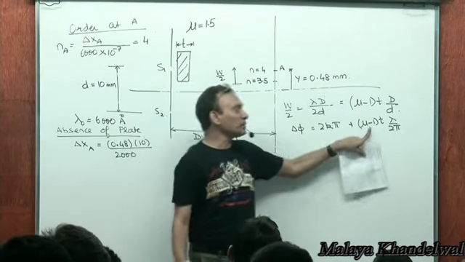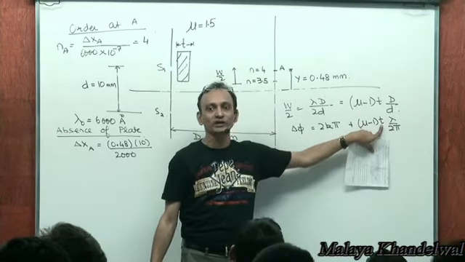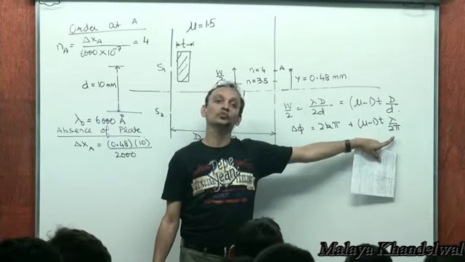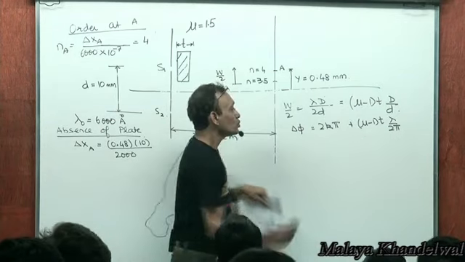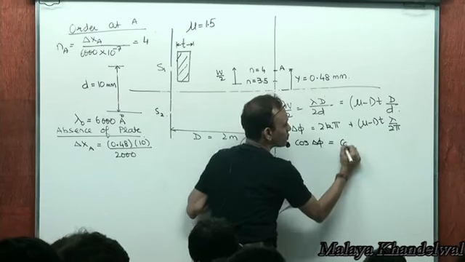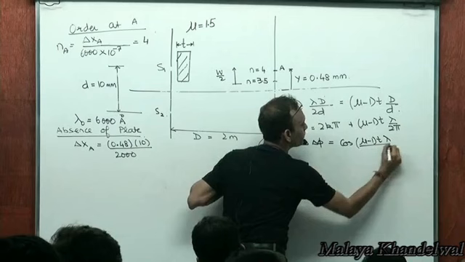Now after the plates were introduced, this was an additional phase difference brought about. Path difference was mu minus 1 into t, additional phase difference into 2 pi by lambda. Right? So cos delta phi then must have been cos of mu minus 1 into t into 2 pi by lambda.